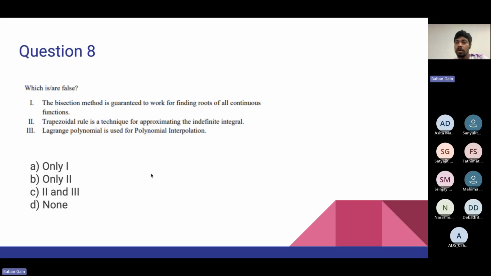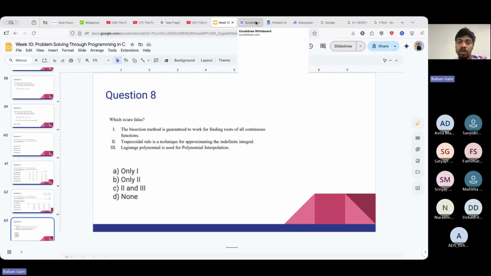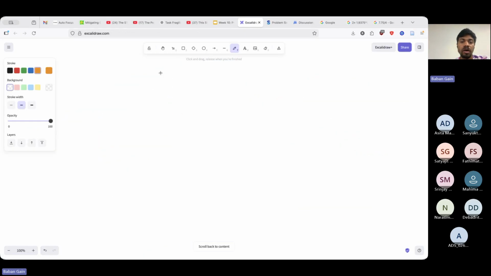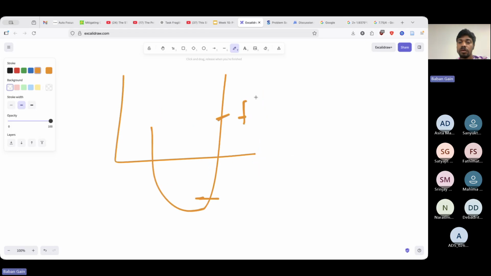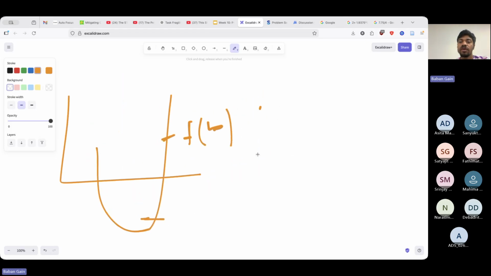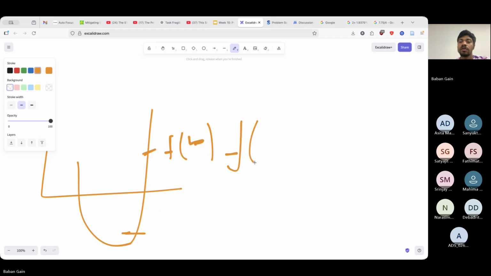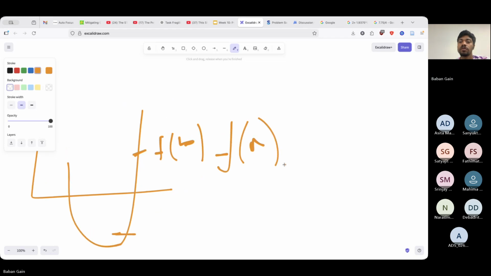So basically, if you go to the diagram here, let's say you have a curve like this. I'm saying that I have already found a point A and point B, and f of b and f of a is less than zero.